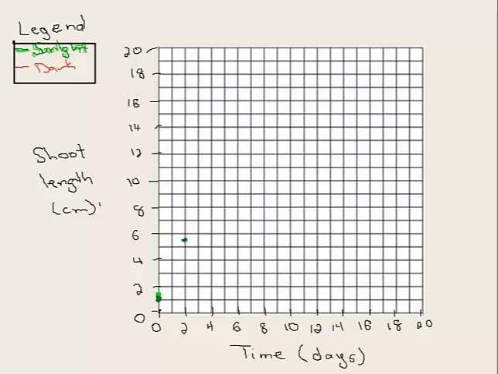And my next one, 4 days, was 10.8. So at 4 days, I'm going to go over to 4, and I'm going to go up to 10. This would be 11, so I want it just below 11. So it's going to be about here, 10.8.